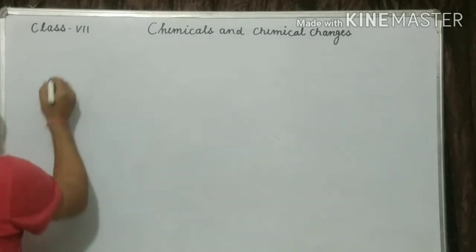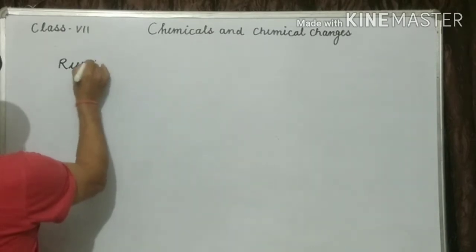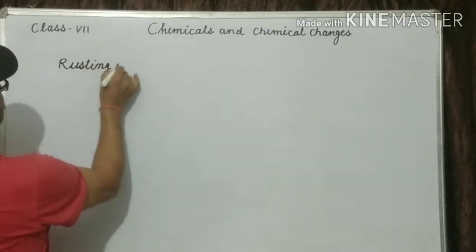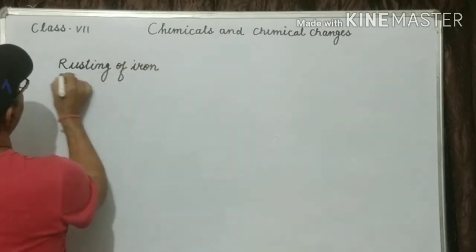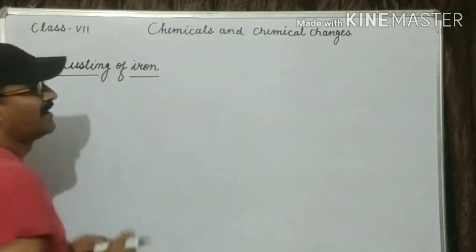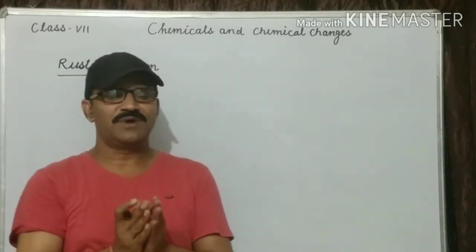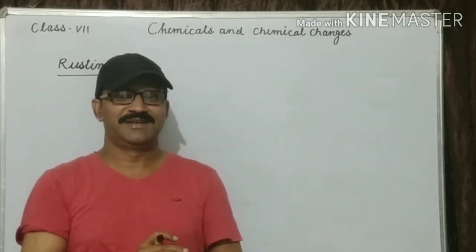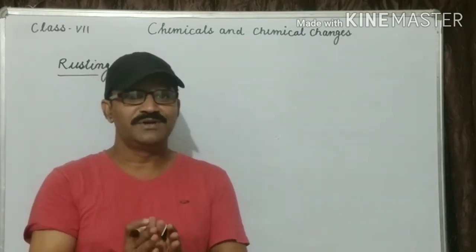Rusting of iron. Have you seen the rusting of iron? Have you seen what happens to iron objects that have been left out in the open for a few days or weeks?